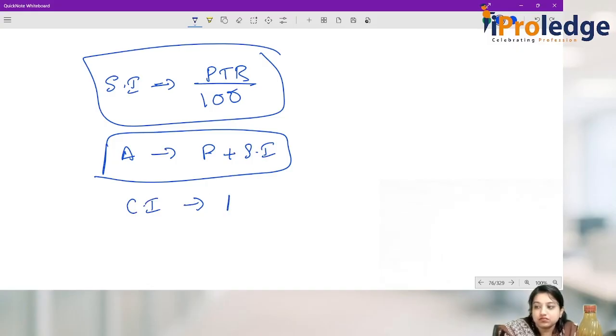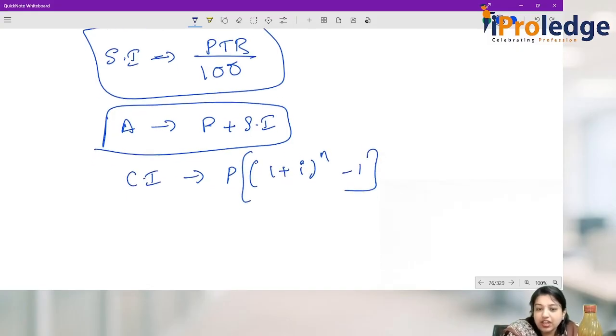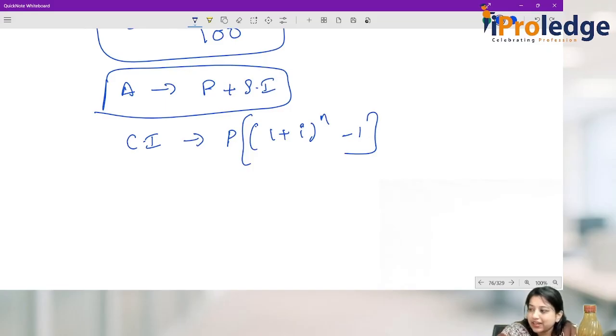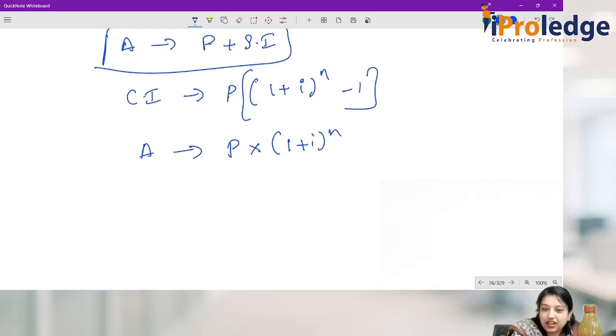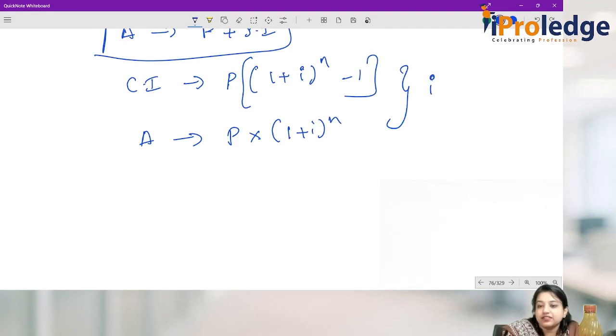P into (1 plus I) to the power n, minus 1. First (1 plus I) whole power n minus 1, then into P. Next, what is the accumulated amount formula? Okay? How will you define I?